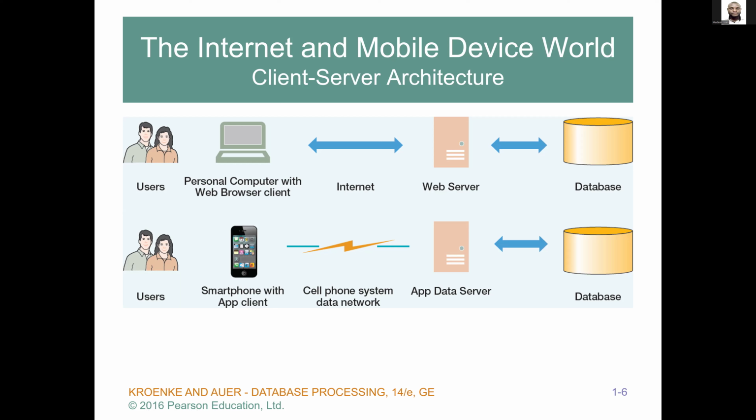This diagram here basically depicts client server architecture. Who are the clients? The clients are these guys here, the users. We are the clients. And the devices we use to access the internet are also the clients.